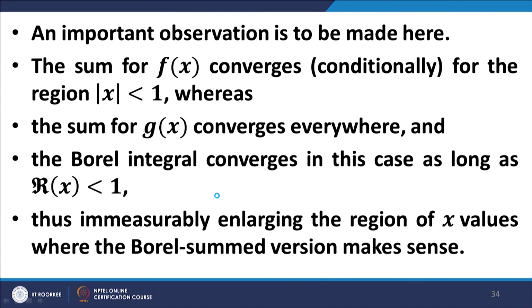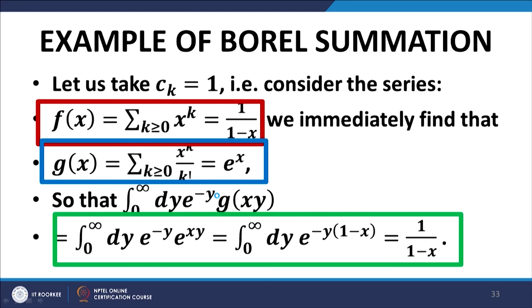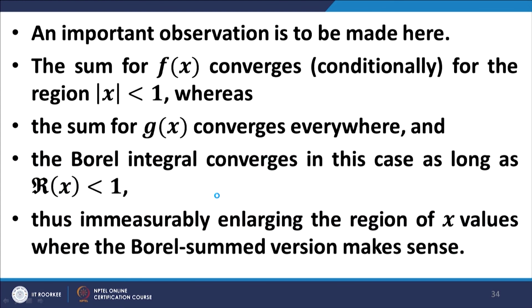The f(x) converges conditionally for mod x less than 1. It is quite clear that the first formula, the formula in the red box, holds only if mod x is less than 1. g(x), of course, is convergent for all values of x, so that is not a problem.